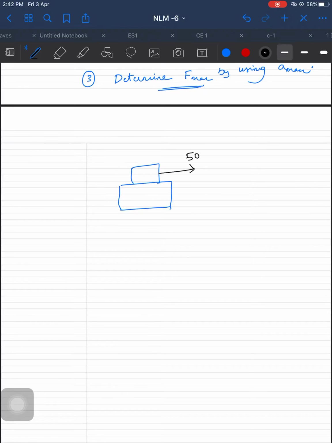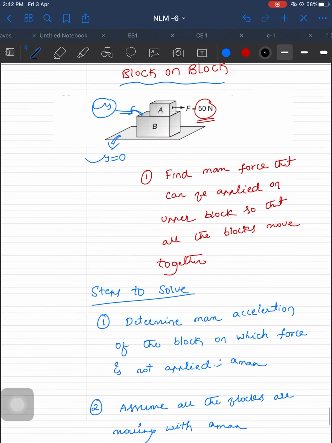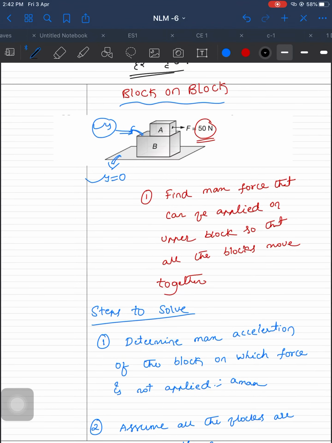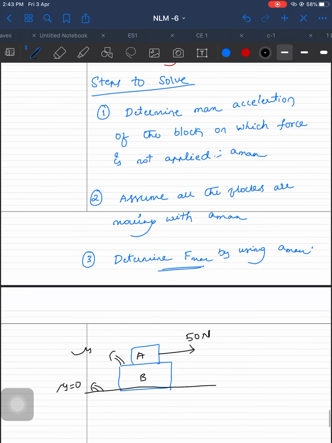On this there is a 50 Newton force on block A, and A and B are placed on a friction mu. Here is a friction, there is no friction. What is our first step?